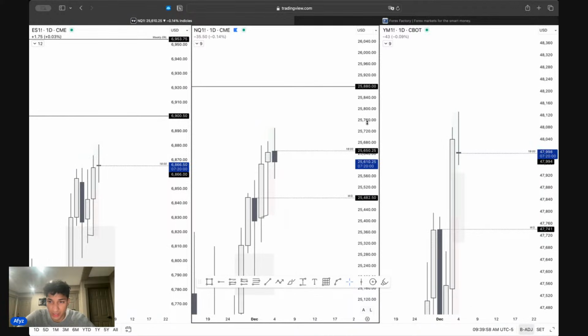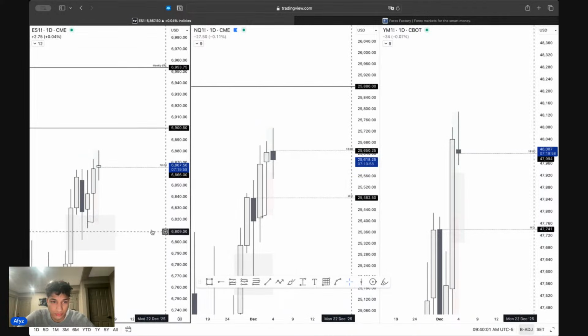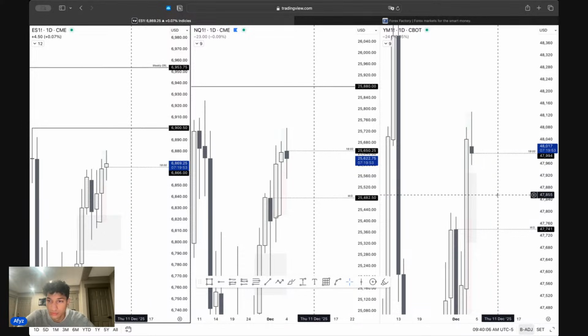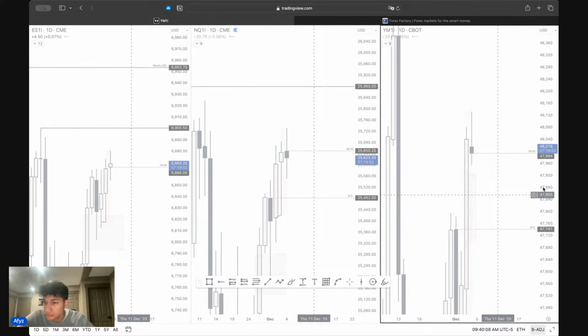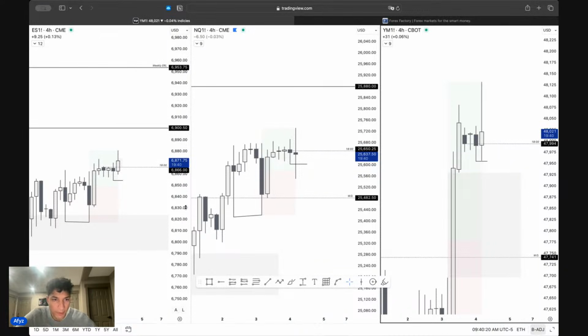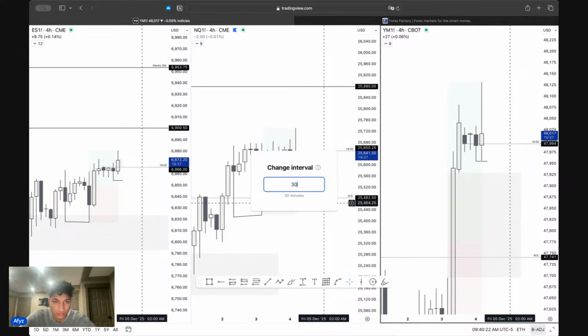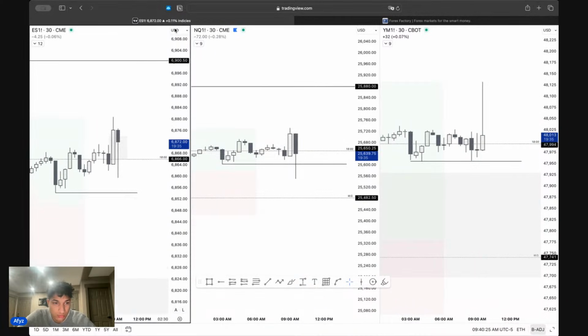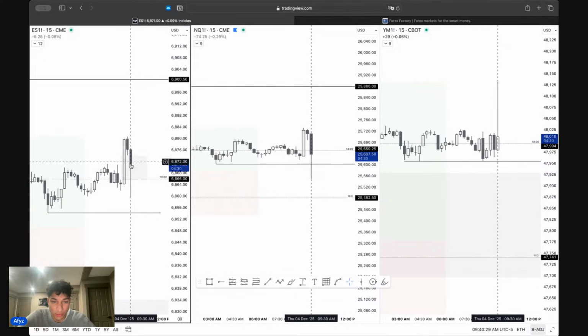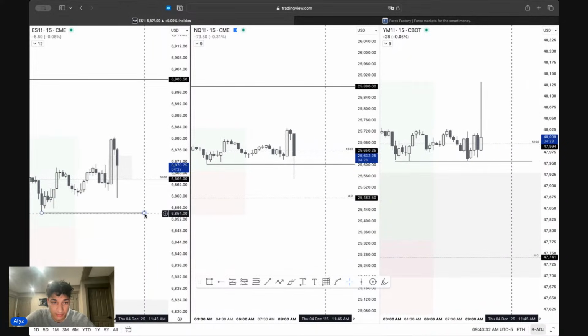We'll see if price wants to now come internal. I do like ES, how it's forming this wick inside of the gap with SMT, right?